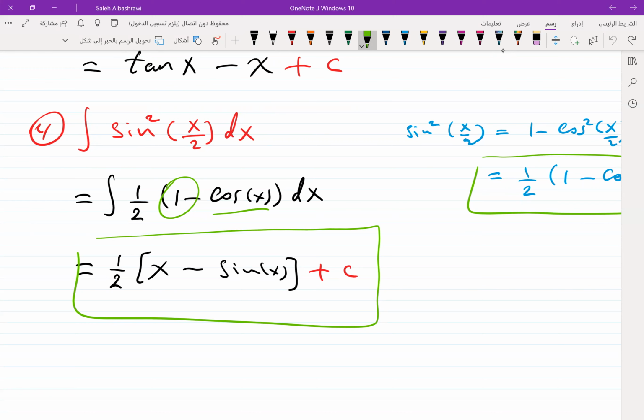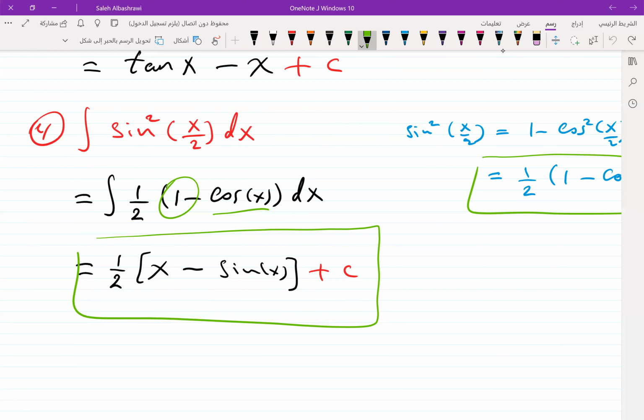Again, in the indefinite integral, we are looking for the original function of the derivative given in the integration. We are looking for the antiderivative, the original function. And these are different types of indefinite integrations. Sometimes we need to use some trigonometric identities to simplify the integration.